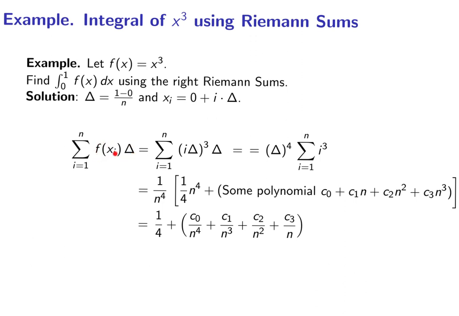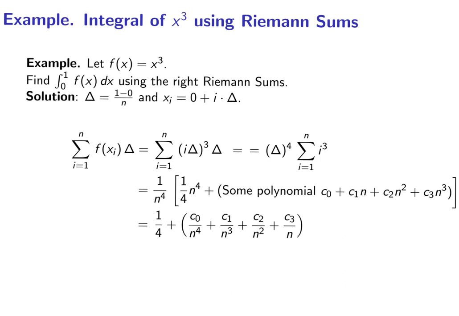To get the sample y value, we plug in the sample x value i delta into our formula for our function. So instead of x, we put i times delta. So the sample y value is (i delta) cubed. And since we multiply by another delta, the total power of delta is the fourth.